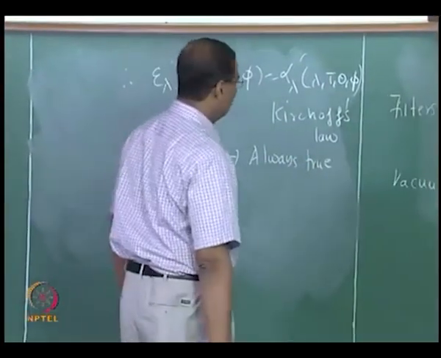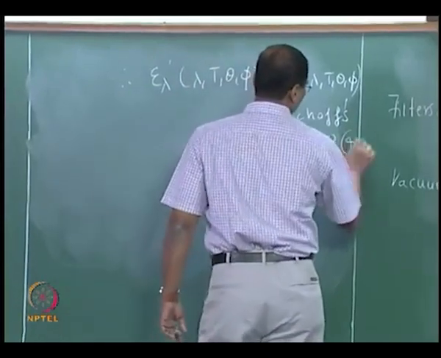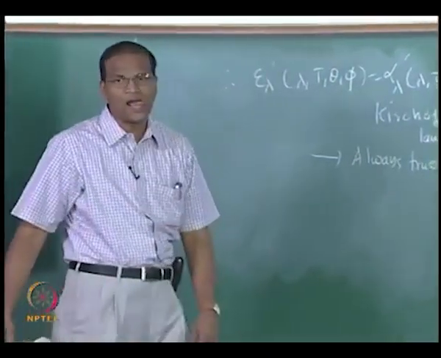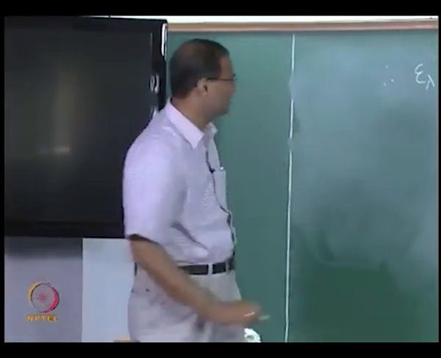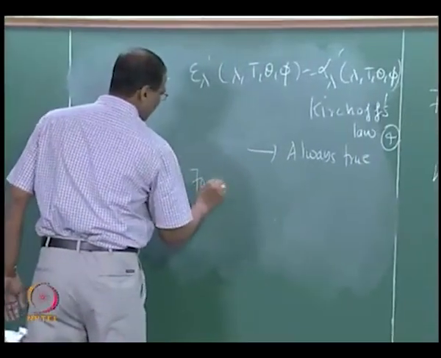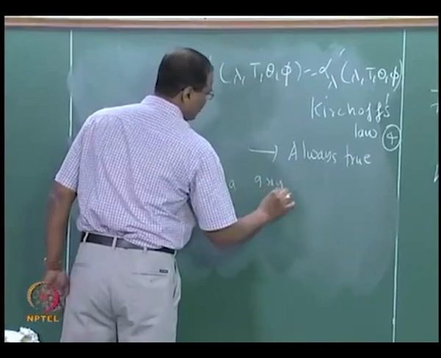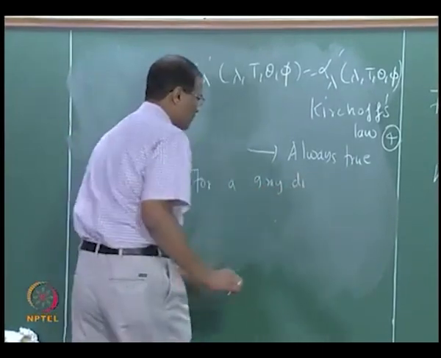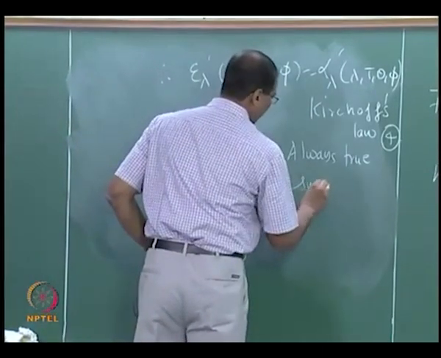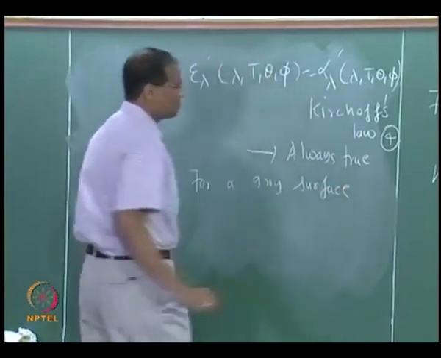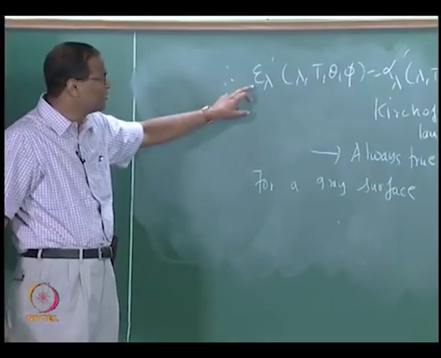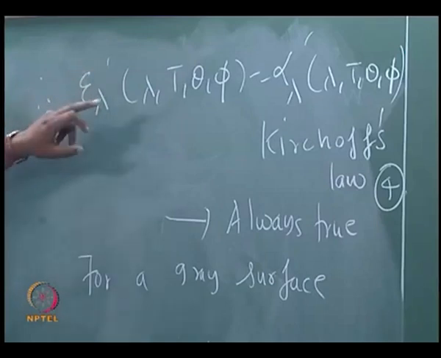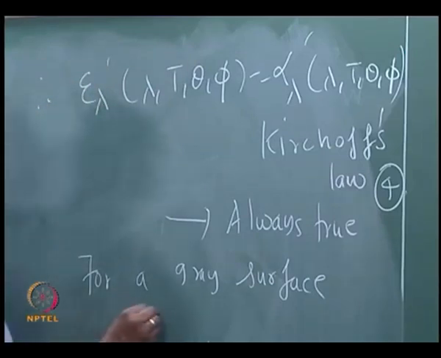And now we can call it 4. Fine. For a grey surface, what is the story for a grey surface? Epsilon lambda dash and alpha lambda dash are not functions of lambda, right?